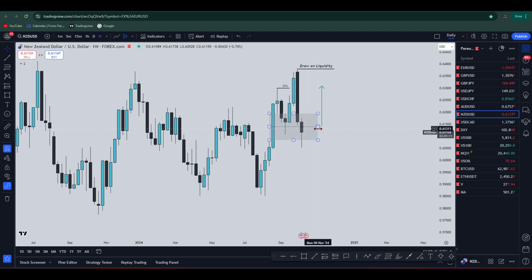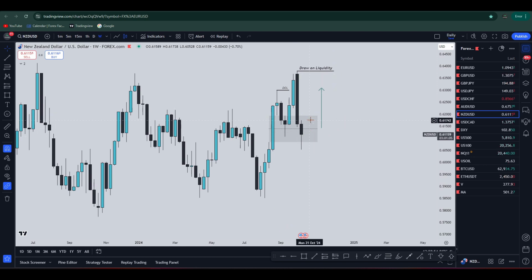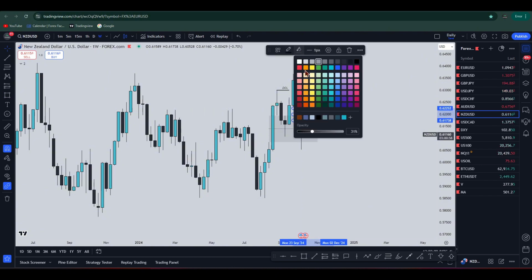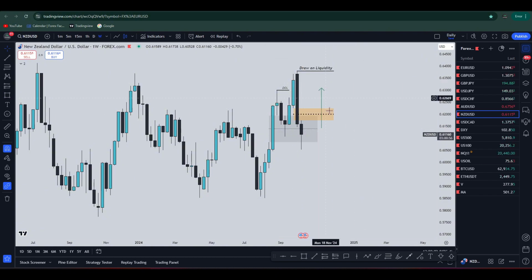But still bullish. If we close below this shaded area, same thing, we will attack this low. But if we manage to stay in this shaded area, and then we invert this fair value gap, a potential inversion, then this is the draw.